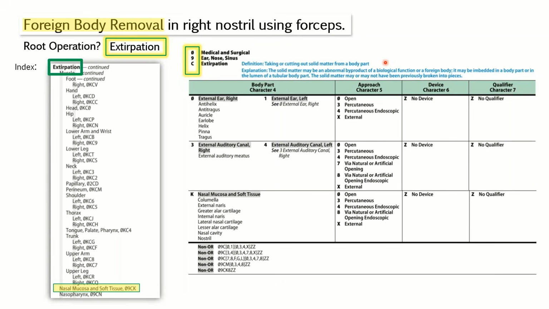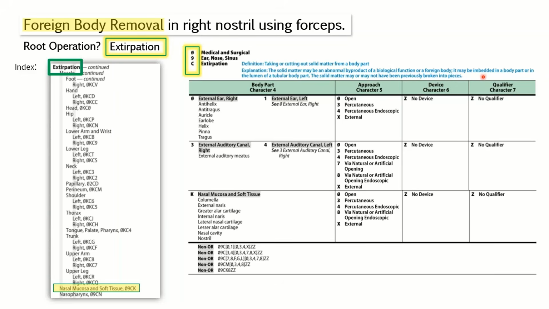Now, let's say that doesn't mean anything. Let's say it doesn't speak to you. They give you an explanation too. It says the solid matter may be an abnormal byproduct of a biological function, so like a blood clot or a foreign body, let's say a marble.